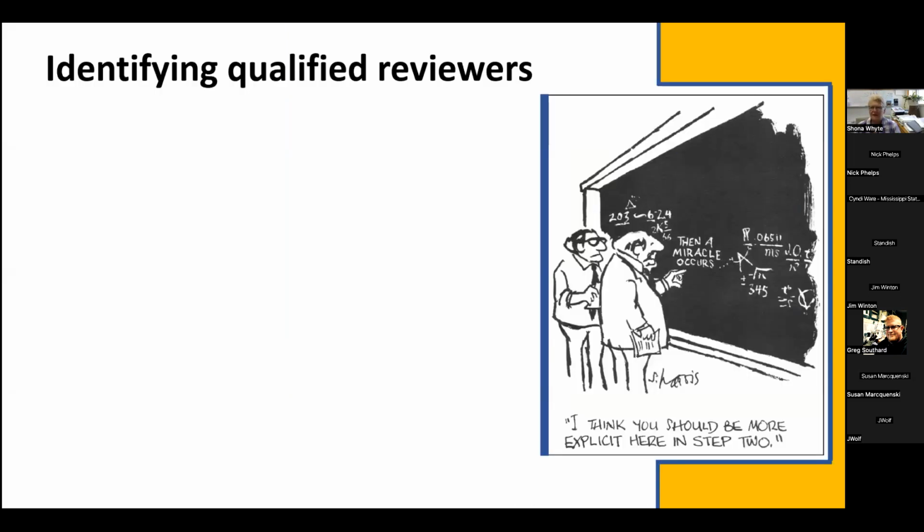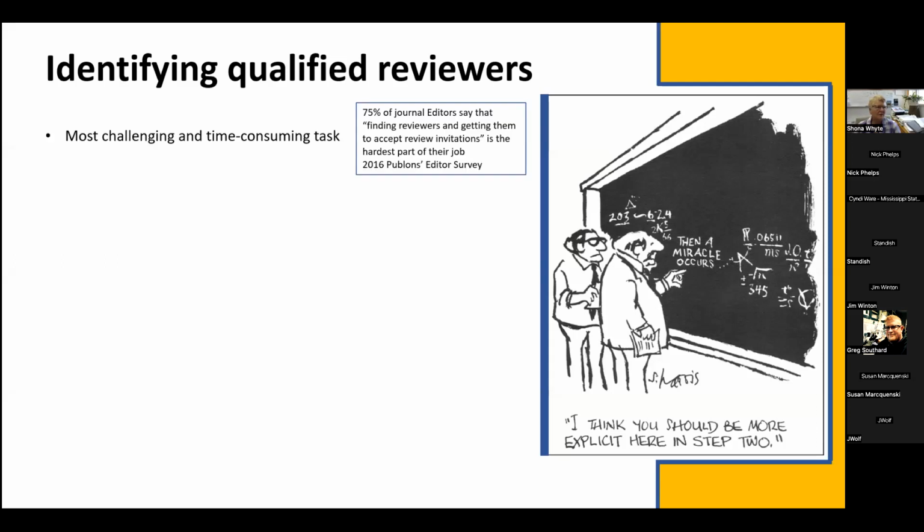How do you identify qualified reviewers? Well, this is the most time-consuming and challenging aspect of an editor's role. There's a notice there saying 75% of journal editors find that trying to find reviewers is the hardest part of the job. And in fact, I've seen summaries where they've said that this is increasing.